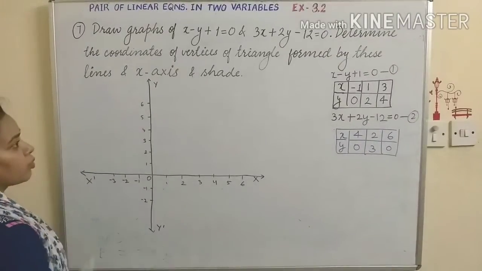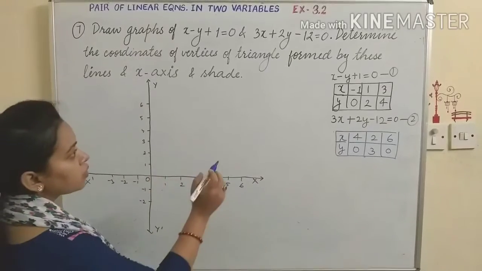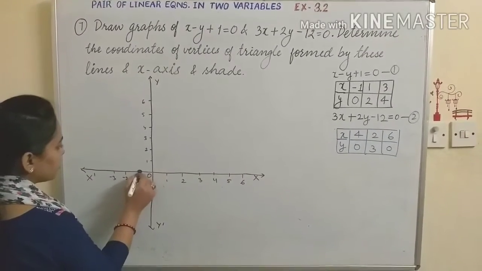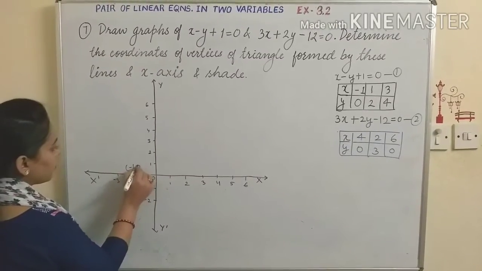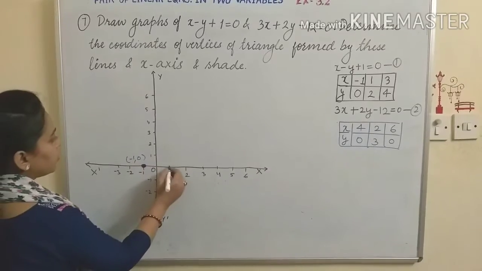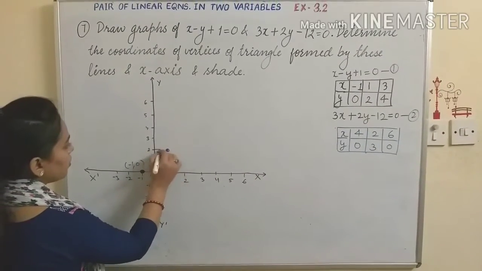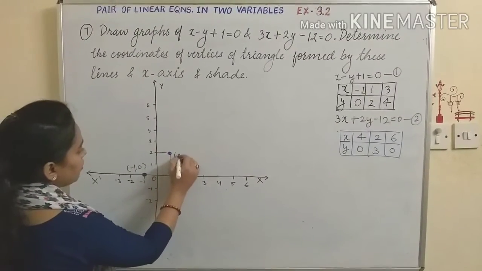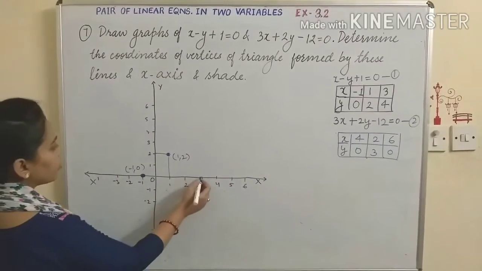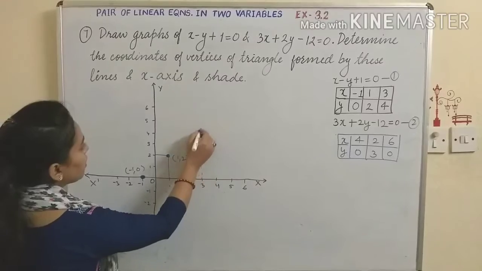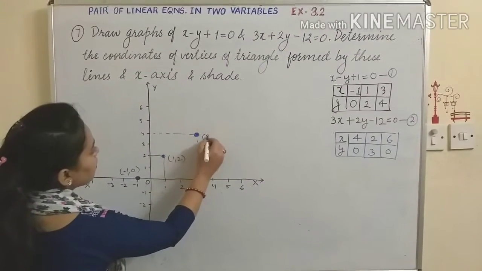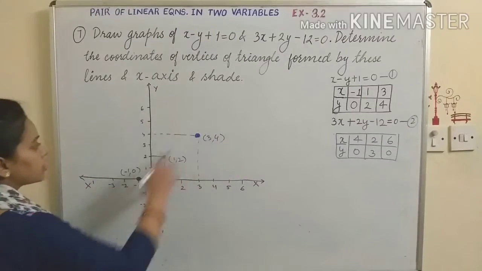Okay students, now let us plot the graph. The first coordinate is minus 1 comma 0. Second is 1 comma 2, x is 1, y is 2. And the third coordinate is 3 comma 4, x is 3 and y is 4.